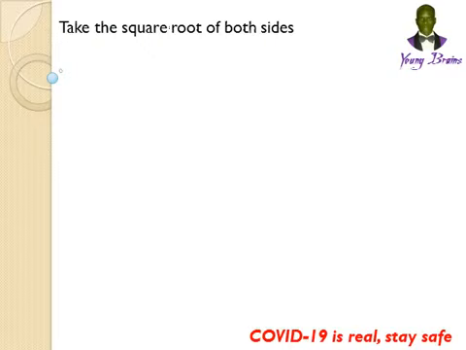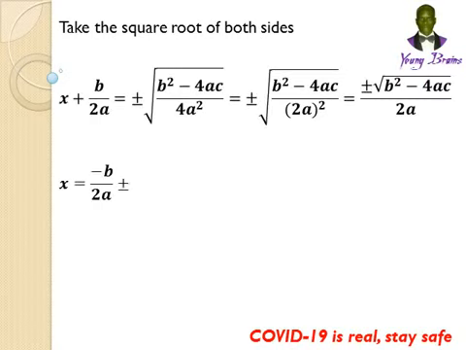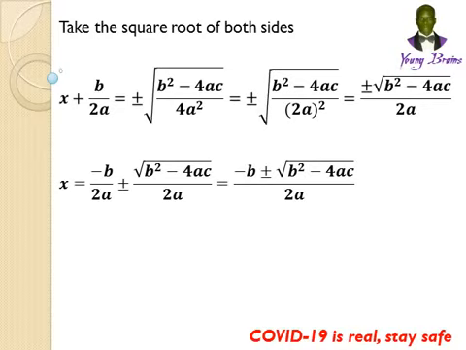We take the square root of both sides in order to remove the square signs from the left hand side. We now have x plus b divided by 2a, the square sign is gone, equals plus or minus square root of b squared minus 4ac divided by 4a squared.